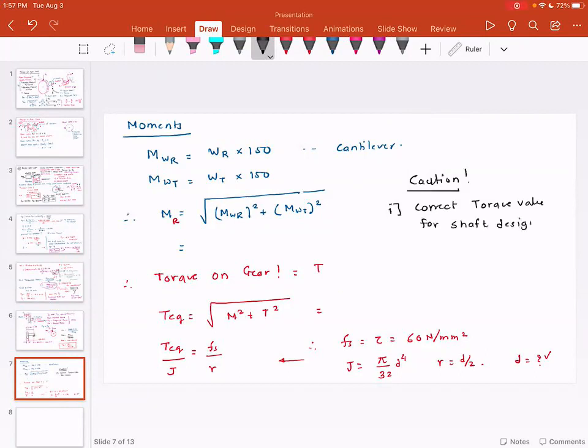You can choose to design shafts, so you can design the gear shaft and pinion shaft, or design the max loaded shaft.